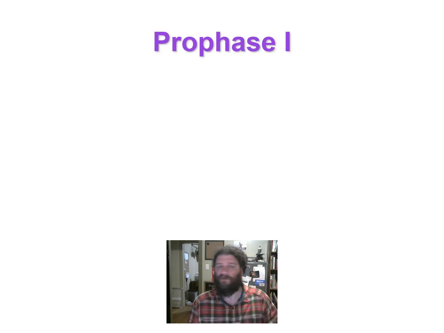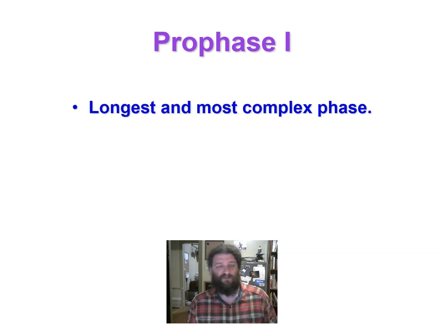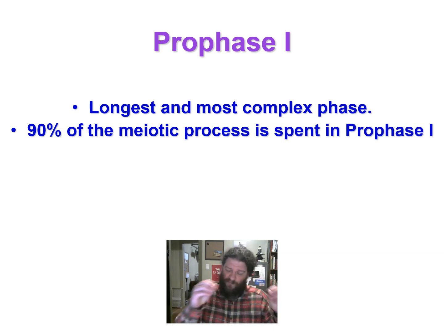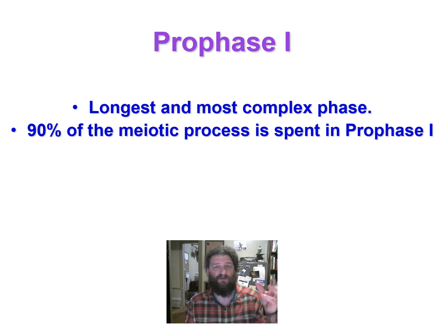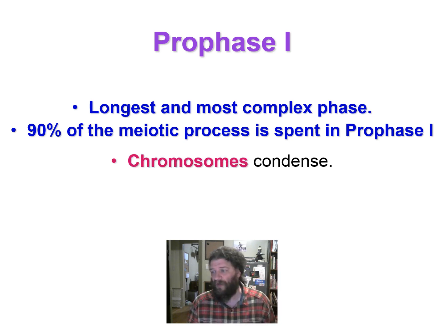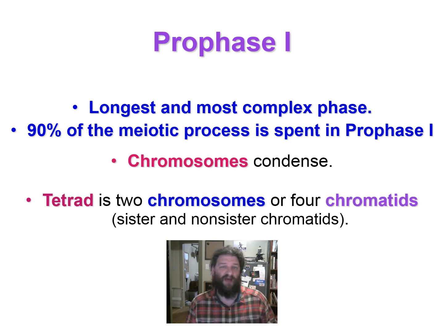So prophase 1 is going to look very similar to prophase in mitosis. It's really long. We got to move the centrioles, build the spindle fibers, and condense the chromatin into chromosomes. All of the same stuff. One of the big differences is now we have to focus on these homologous pairs of chromosomes.